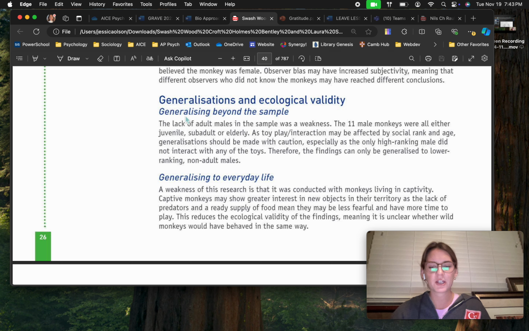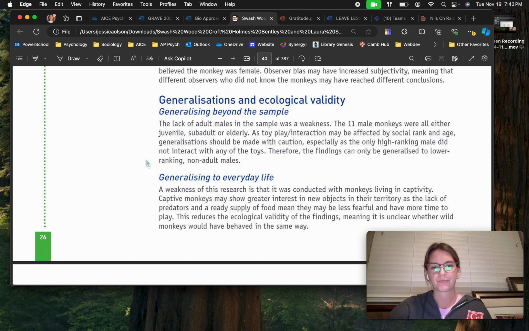As toy play interaction may be affected by social rank and age, generalizations should be made with caution, especially as the only high-ranking male did not interact with any of the toys. He was like, honey, but I don't care. Therefore, the findings can only be generalized to lower-ranking non-adult males.